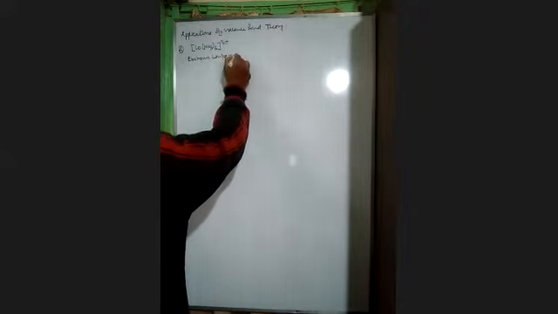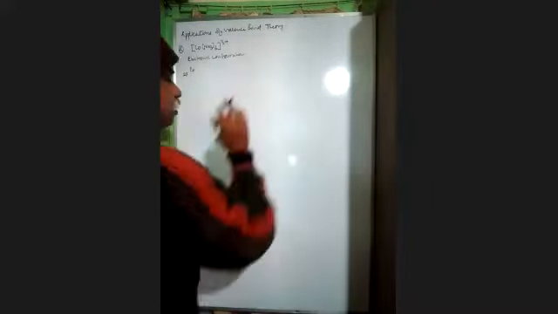Electronic configuration of cobalt. Cobalt is not 28, it is 27. I need not write 1s 2s and so on. I'll write argon here; please remember argon has 18 electrons.